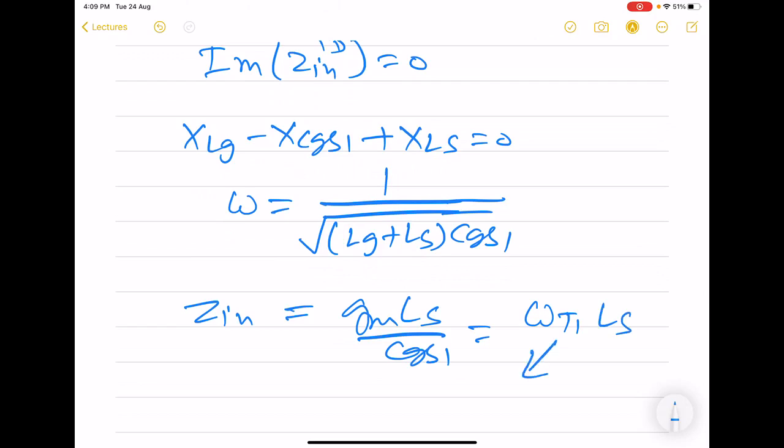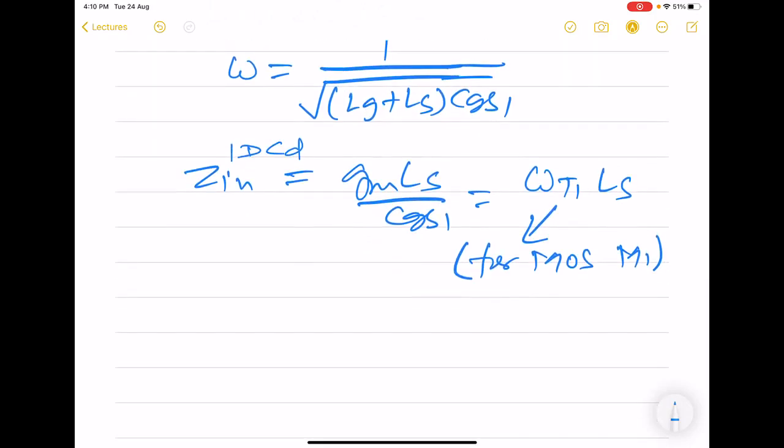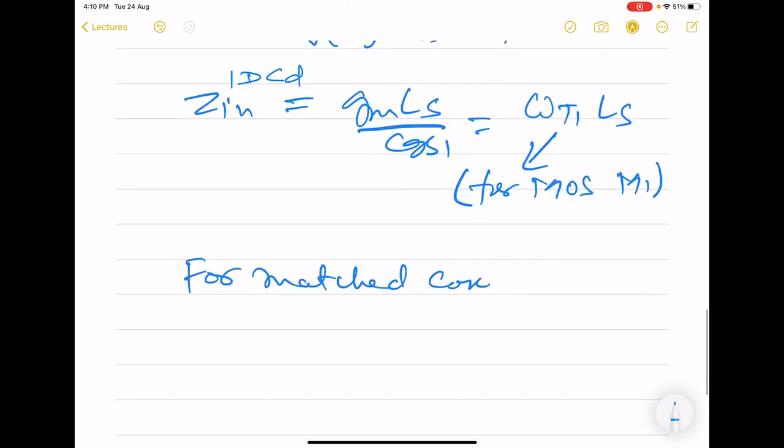So this is for MOS M1. This is also going to be Z in for the ID Cascode. So for the matched case, this Z in ID Cascode, which is omega T1 Ls, is going to be equal to Rs.